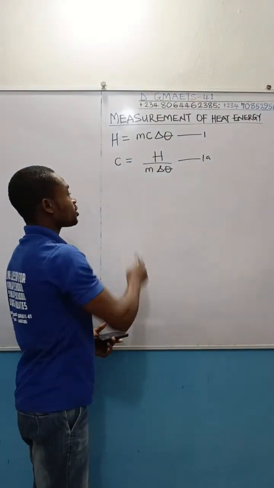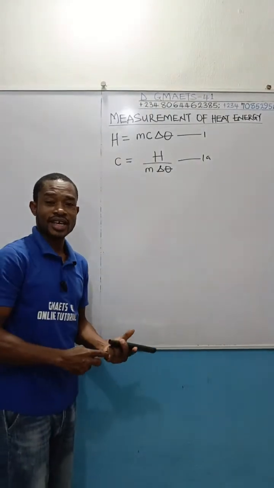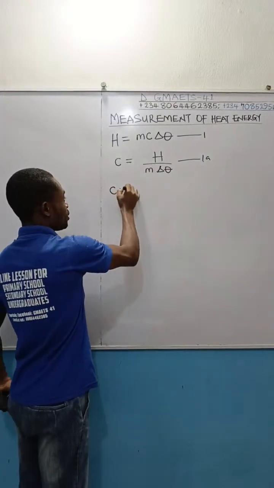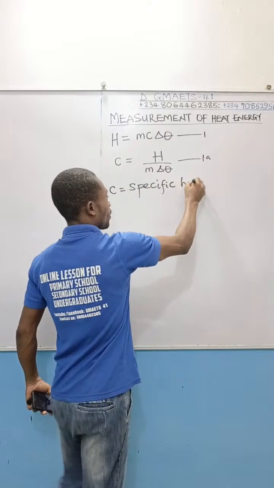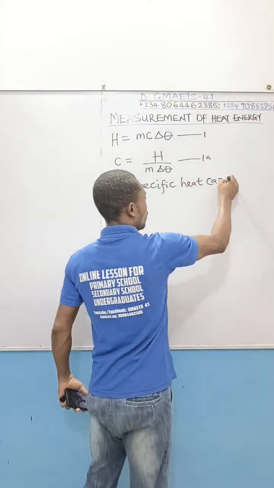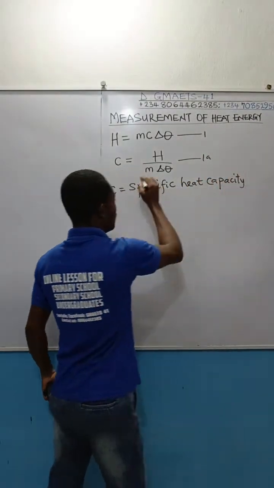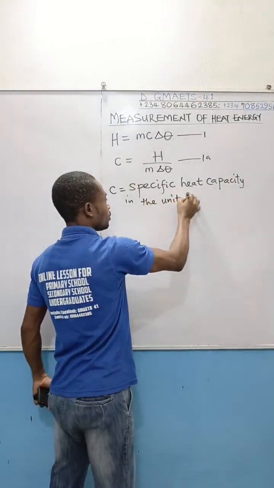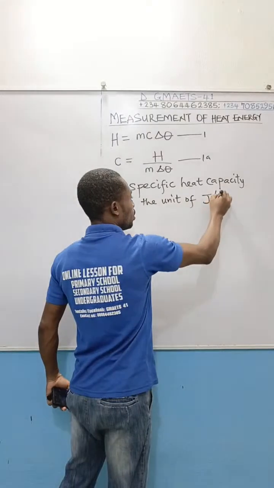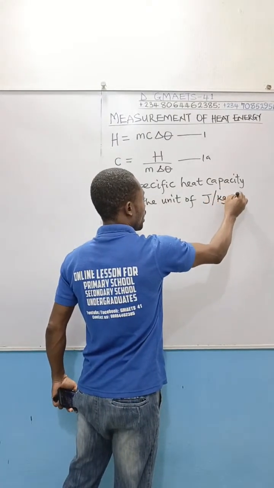Now, this C is called specific heat capacity, like I said. C is equal to specific heat capacity. And the unit is joule per kilogram Kelvin.